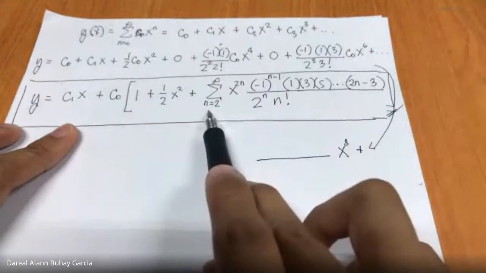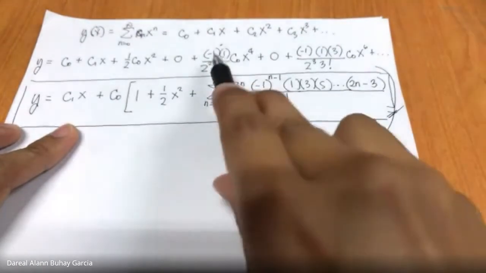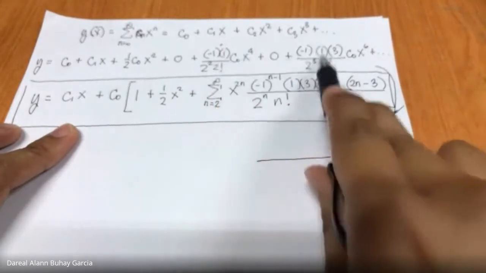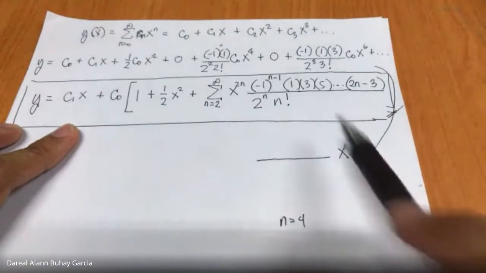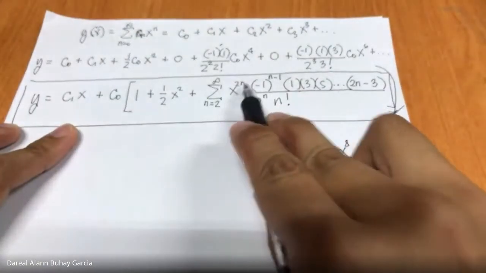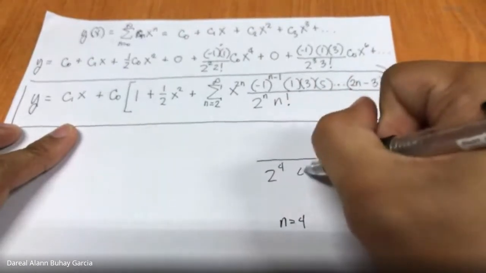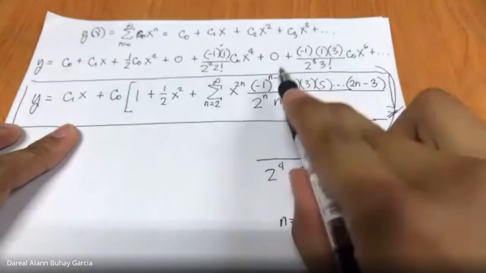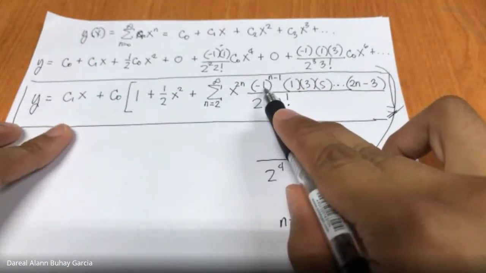So naman atong n. N is 2, 3, N is 4. When n is 4, sakto. 2 times 4 is 8. 2 to the power of 4. 4 factorial. 4 minus 1 is 3. Negative 1 to the power of 3.